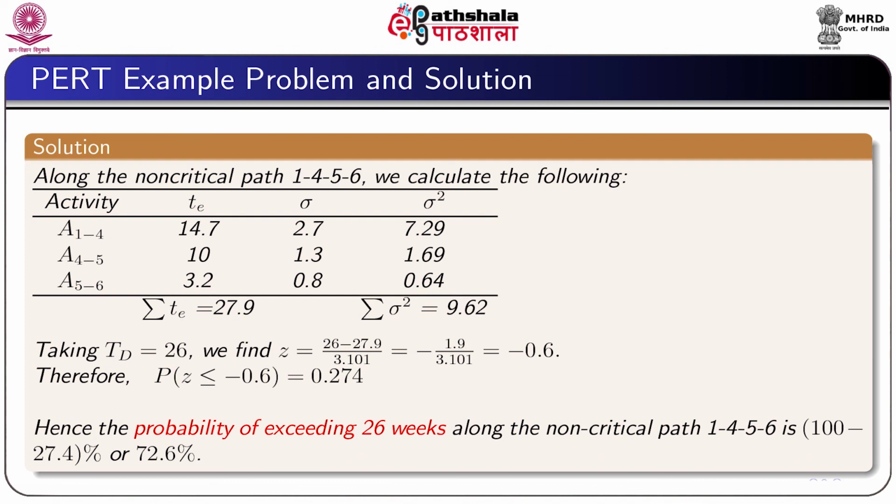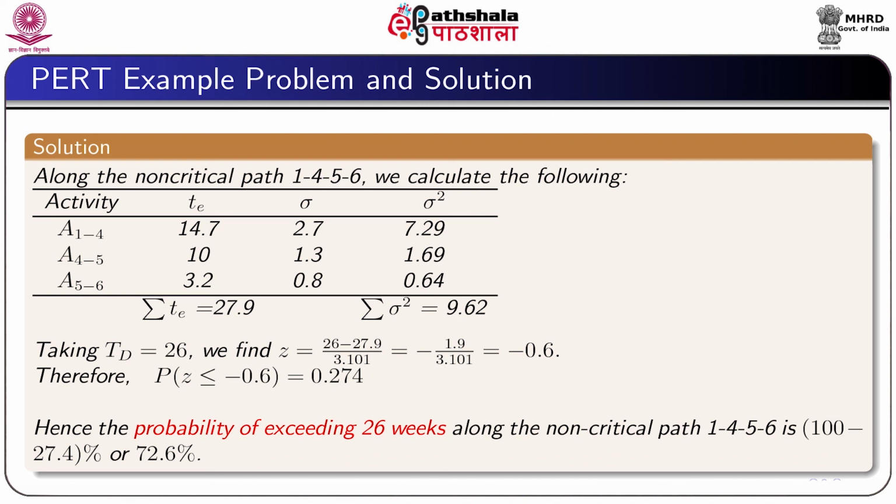Now, we consider the non-critical path 1, 4, 5, 6 and calculate the expected time, total expected time equal to 27.9 and the total variance is equal to 9.62.